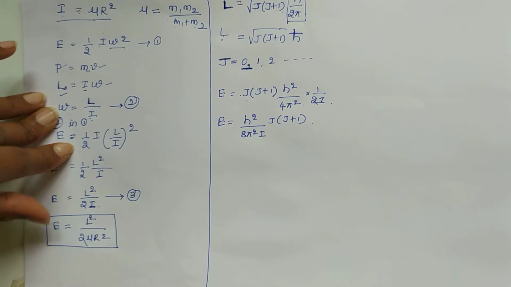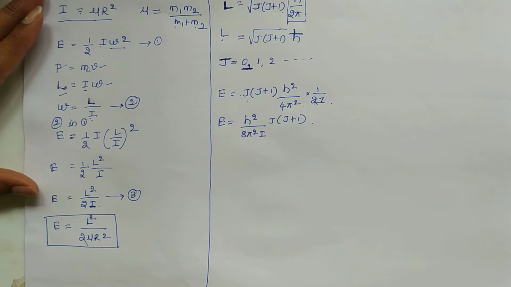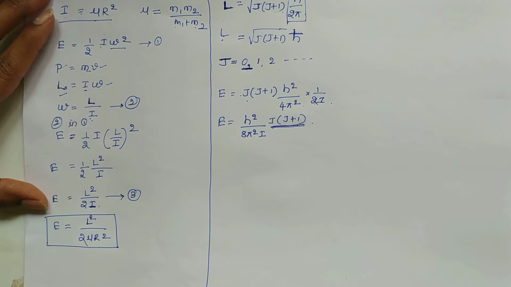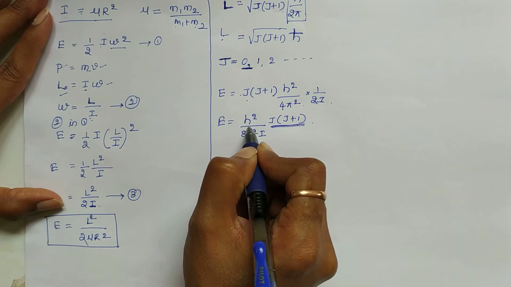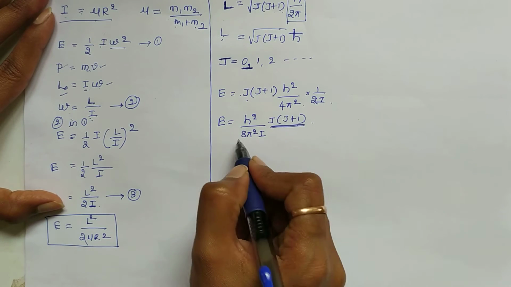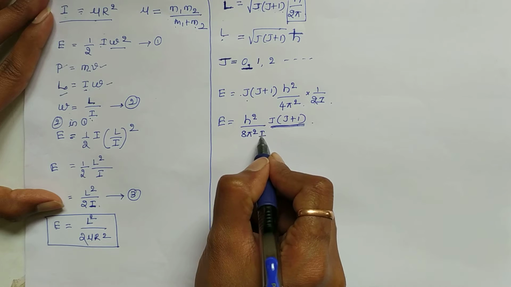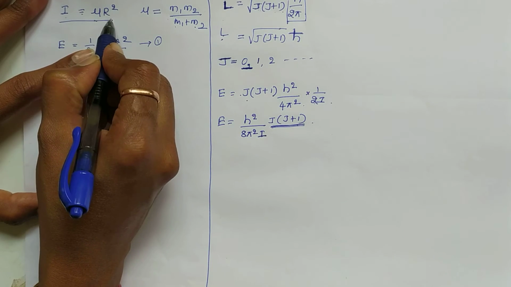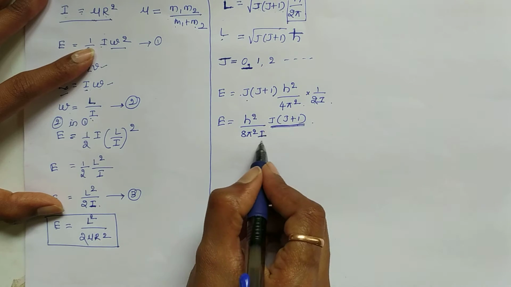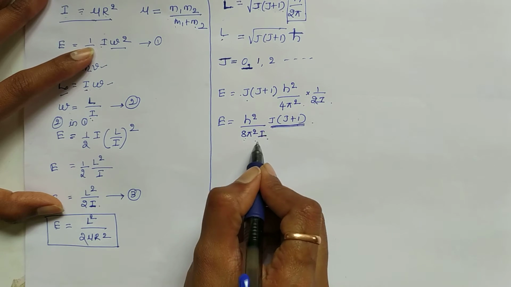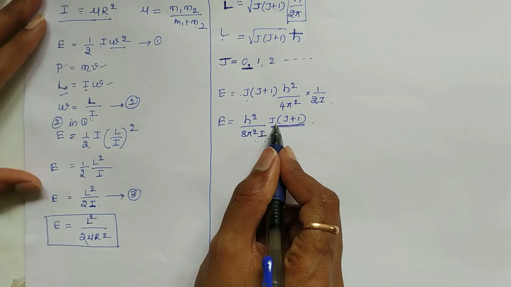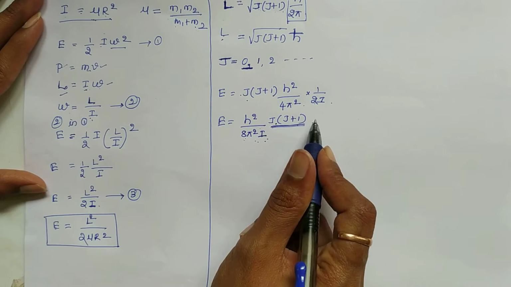So this is the energy of the rotating diatomic molecule in terms of the rotational quantum number J. For a given rotating molecule, H is constant, 8 pi square is constant, and I is also constant, since mu is constant and R is constant. So the term H square divided by 8 pi square I is constant, multiplied by J into J plus 1.